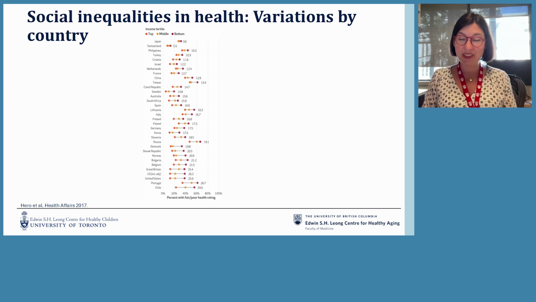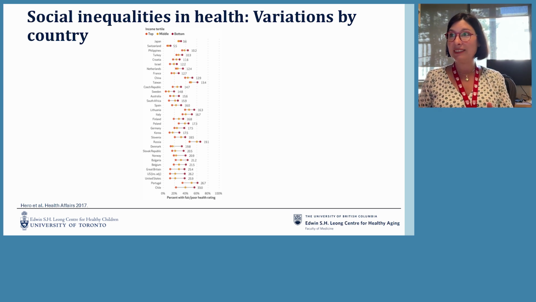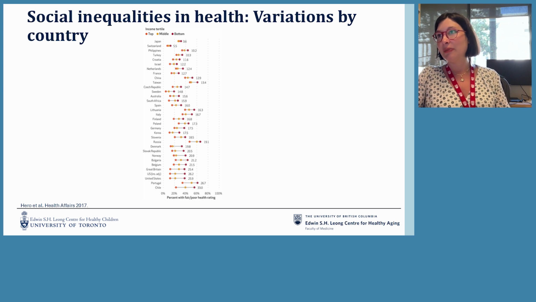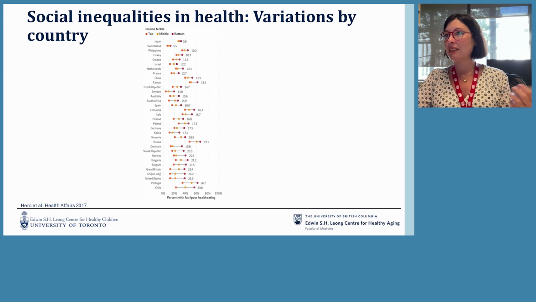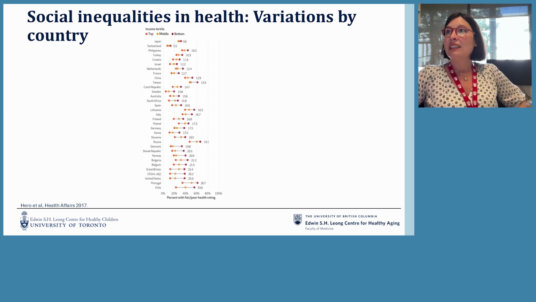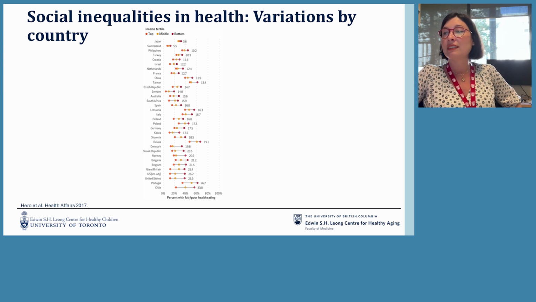The impact of the social determinants of health on health also varies by country. This is another example showing the percent of the population reporting fair or poor health across very different countries, and it shows this percent by income tertile, where we have the top, the middle, or the bottom income tertile that we can see in the darker colors of red.